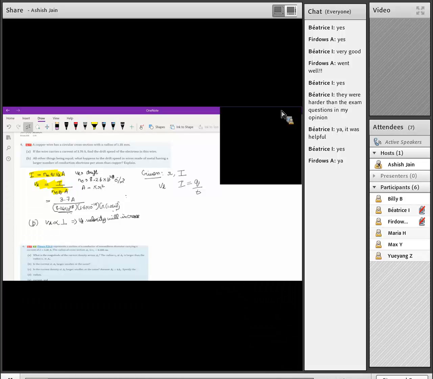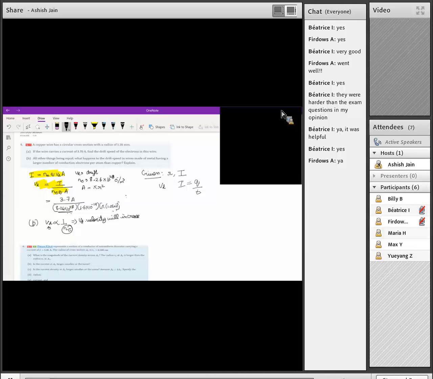Part B of the question is, all other things being equal, what happens to the drift speed in wires made of metal having a larger number of conduction electrons per atom than copper? So as you see here, Vd is inversely proportional to Ne.